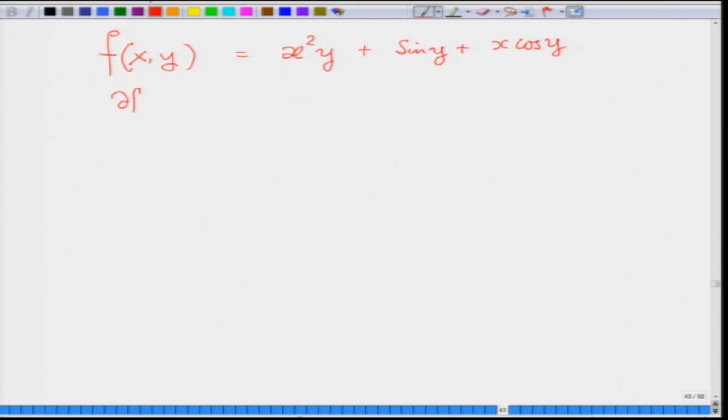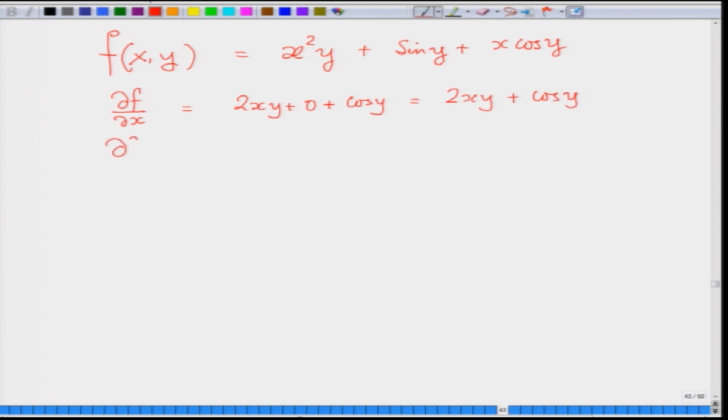If I do it, then what is my first derivative? Del f del x evaluated at any point x y. First I think that y is fixed. So, I will have 2 x y here, and here y is fixed, so this is constant, so plus 0, plus here I just take a derivative with respect to x, so it is cos y. So, this will give me 2 x y plus cosine of y.